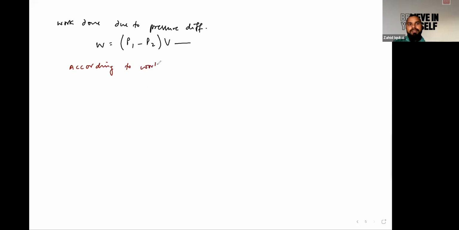According to the work energy theorem, work done by any external agency or non-conservative force will equal the change in kinetic energy and change in potential energy. So in this case, work is being done by an external agency in the form of pressure difference. So work done equals change in kinetic energy and change in potential energy as well.